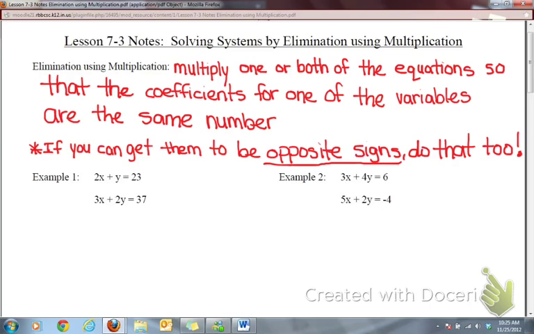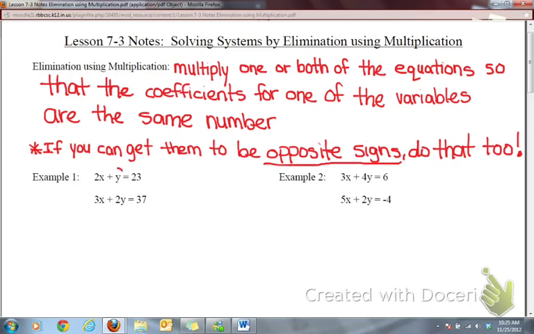Okay, so back to example 1. How can we get the coefficients of either the x's or the y's to be the same? Well, with the x's, I would have to multiply both of these in order to get them to be the same. I can't multiply 2x times anything to get it to be 3x. So we'll get to some of those in a minute.